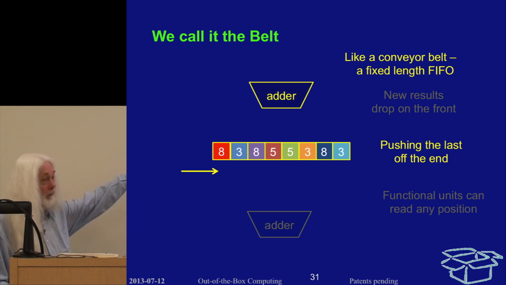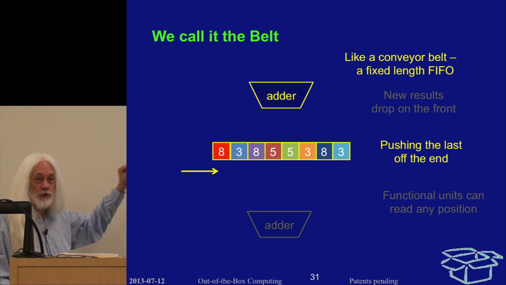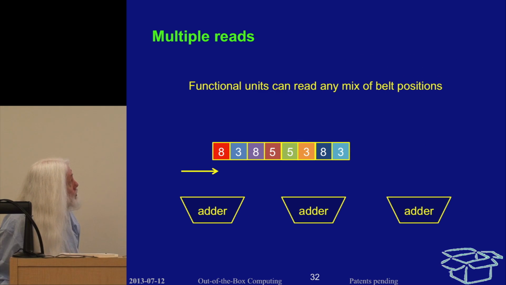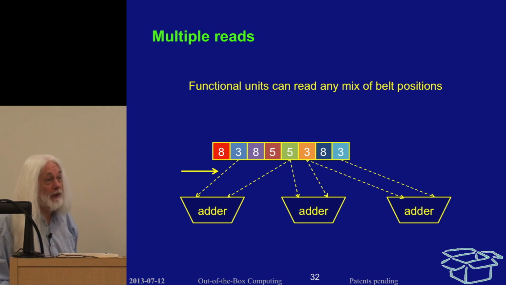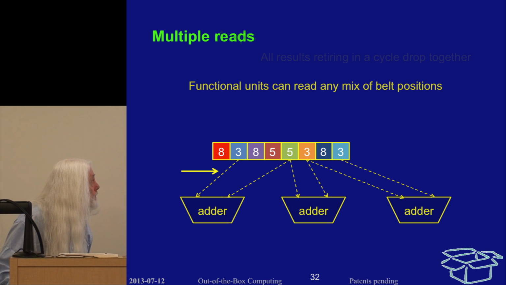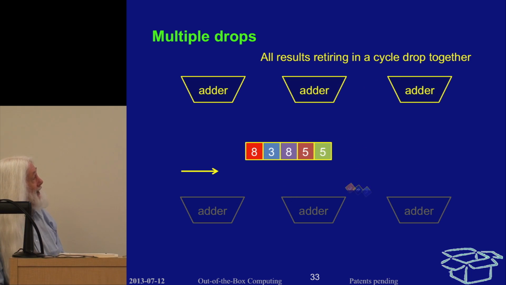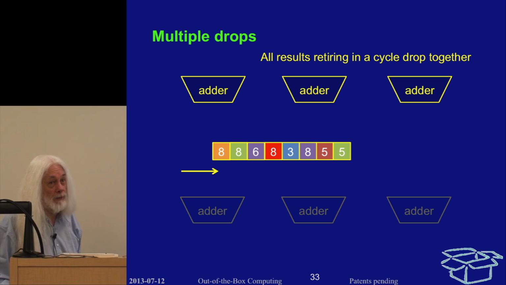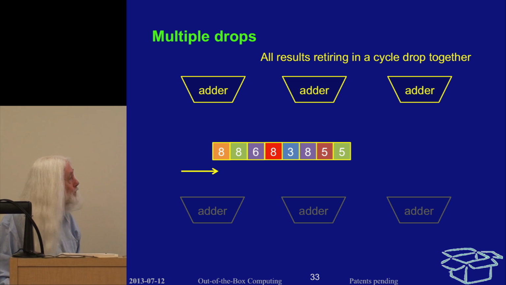Your adds take values off the belt, drop the result on the belt. The next operation can pick them up off the belt. Functional units can read any mix of the positions. You can have as many functional units as you want. All results in any given cycle drop together at the start of the belt, pushing an equivalent number off the back end.